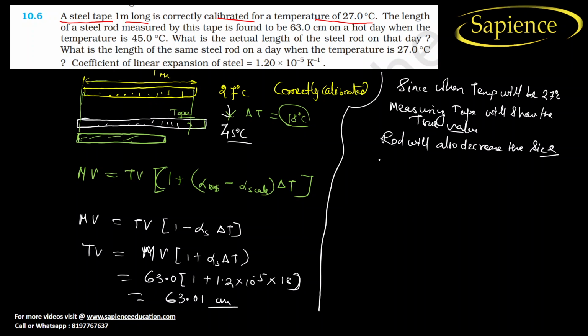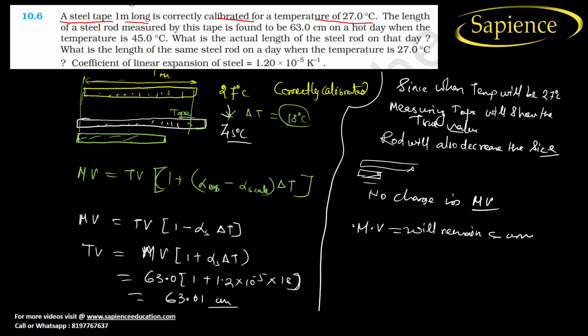So when it decreases in size, since the scale is also decreasing and the rod is also decreasing, there will be no change in measured value. The measured value will remain the same because both will contract to the same dimension, because both are made of the same steel.